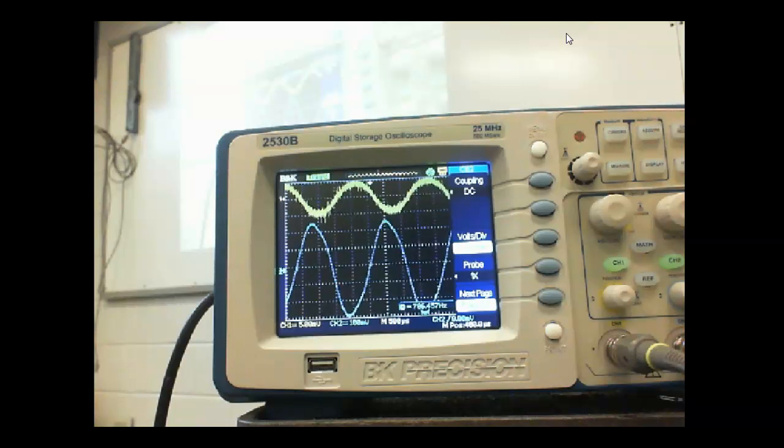We said we were going to have a gain of 75, so I was expecting 750 millivolts. That was my computed value. And then my measured value was 560. So we calculated a gain of 75 and measured a gain of 56, right?